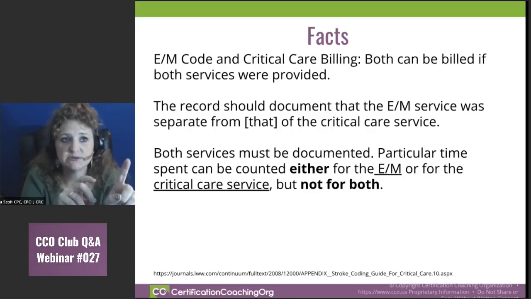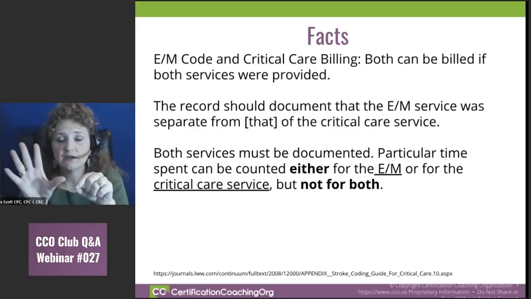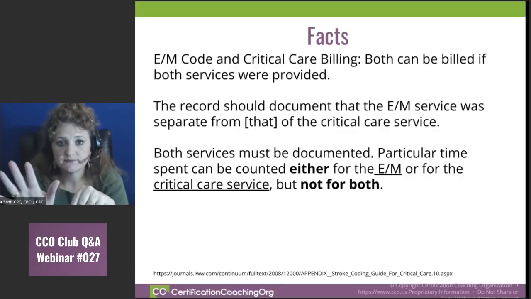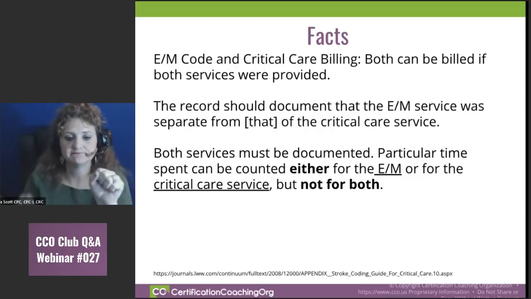So if you go in and you spend 20 minutes on E&M, but you spend, let's say, 55 minutes on critical care, you can't add them together to get 75 minutes so that you can use both critical care codes, the original and the add-on code, because it would be 75 minutes over 30 to 74. It's either for the E&M or for critical care service, but not for both. It's one or the other, right?